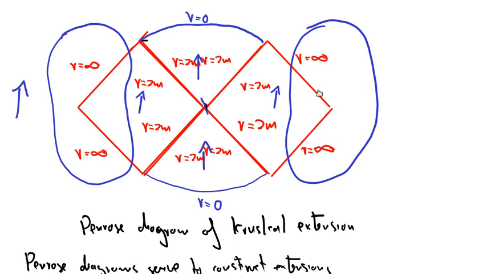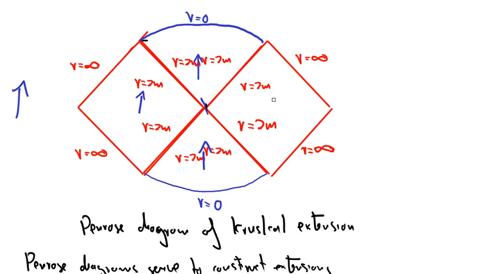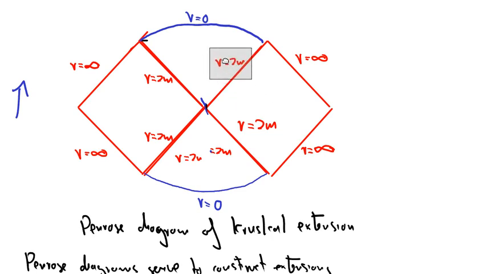Let me just delete the arrows, which give us the time orientation, because we don't need them anymore. This is not needed anymore because we already have labels here.